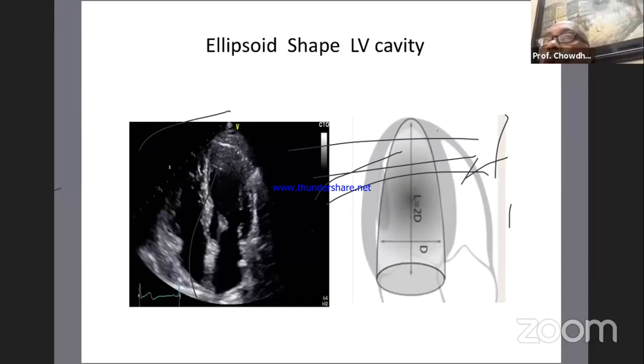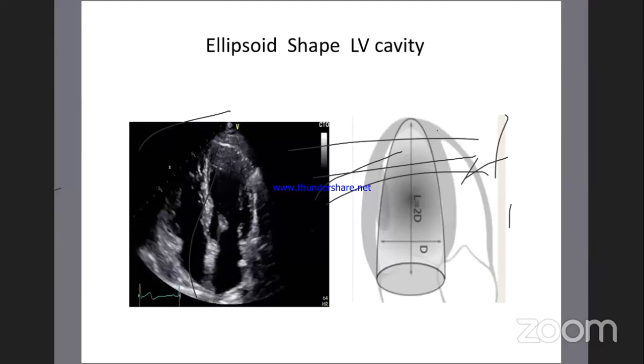So I will still give emphasis on doing this method when we have normal left ventricular function or global hyperkinesia, and in those situations, I think the elliptical method can be as good as any other method.